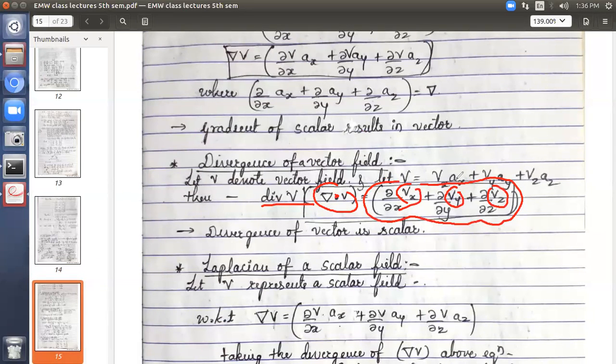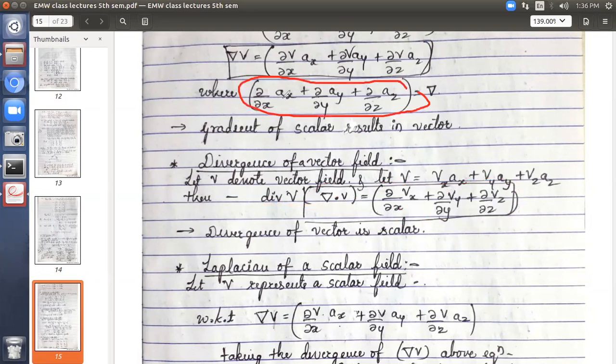And del is this, which has three different ax, ay, az. But here also you have ax, ay, az. When you are applying the dot product, what is i dot i? It is equal to 1, right? Because the angle is 0, so cos 0 will be 1. So if you just take the dot product, here I have written it directly. You have to just take the dot product, multiply, and you will get this.